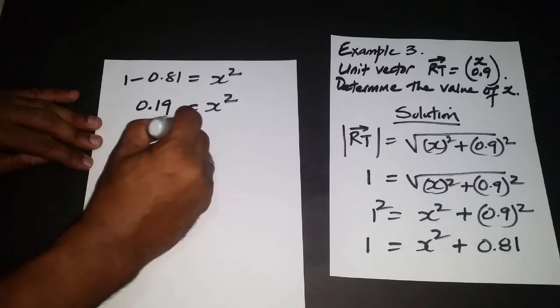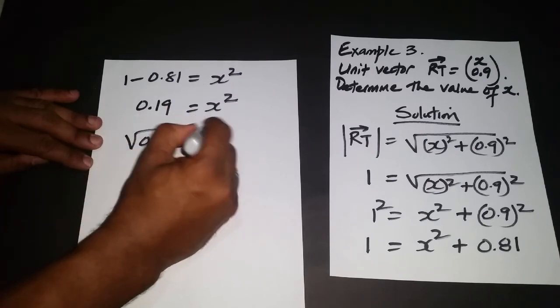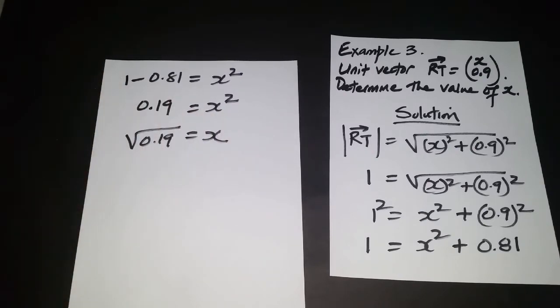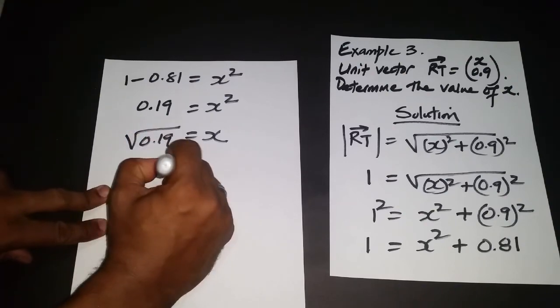The square root of 0.19 will give us the value of x, and on your calculator, the square root of 0.19 is simply equal to 0.44.